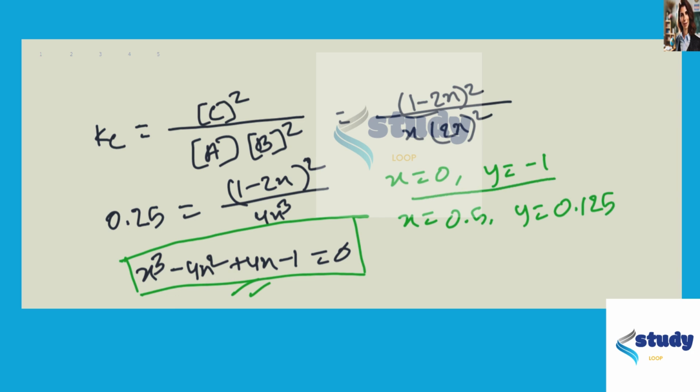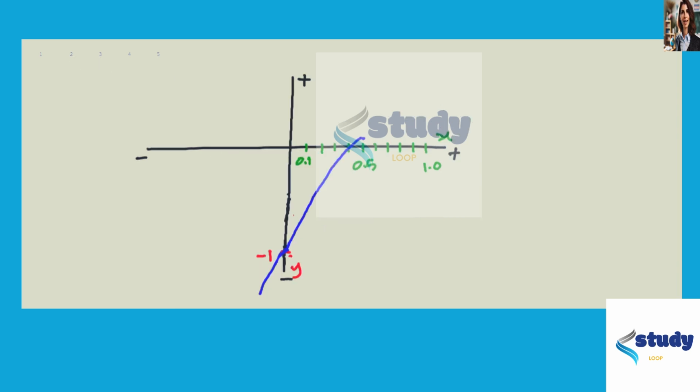Now if we plot these 2 points in a graph, it will look like this. Here is our point (0, minus 1), and this is our point (0.5, 0.125).